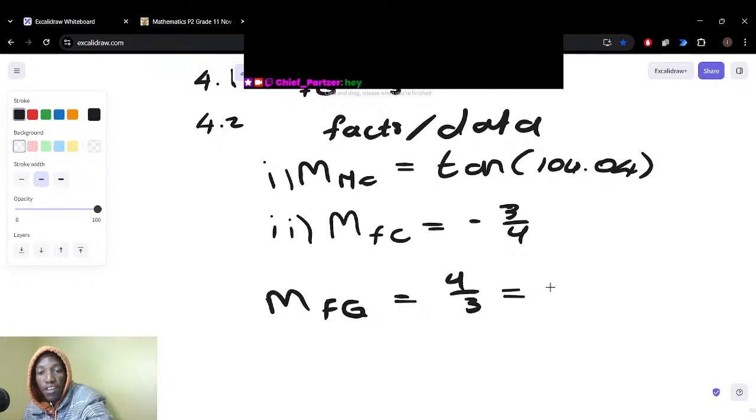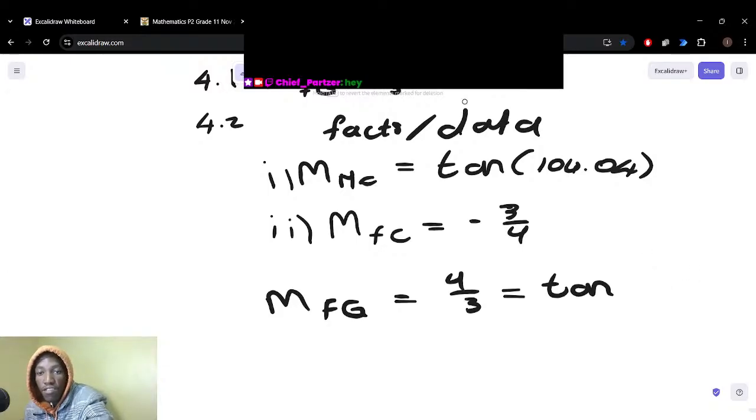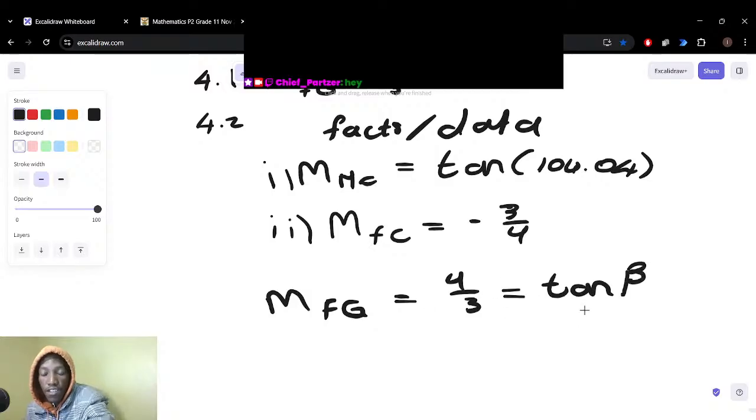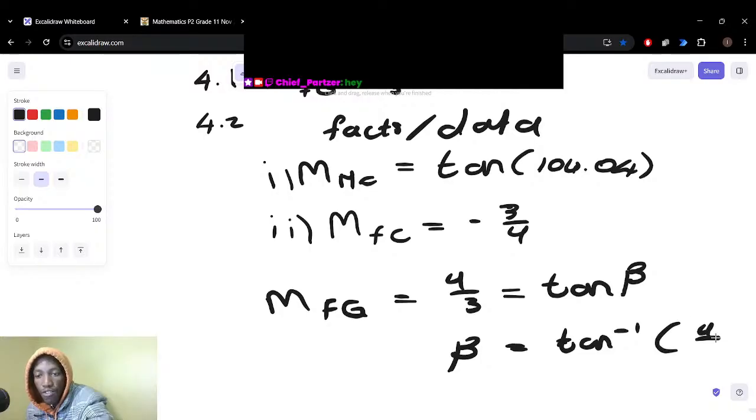But we also have this other way to calculate it, but in this case it is beta instead of theta, 4 over 3. So we can calculate beta. Beta is tan inverse of 4 over 3.